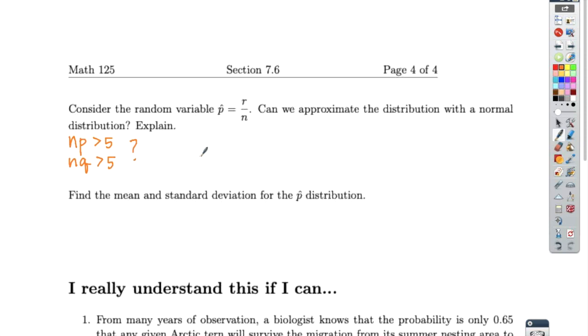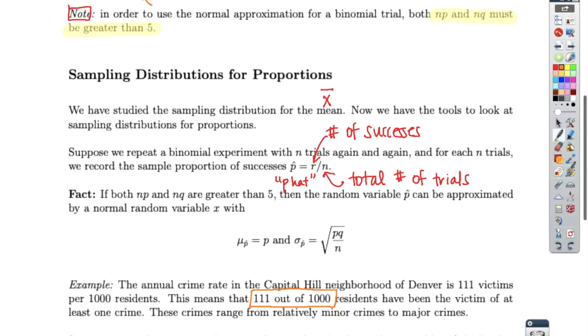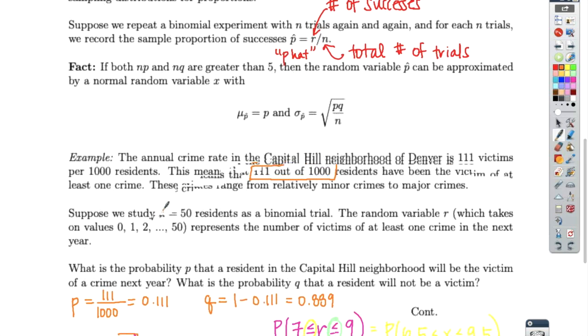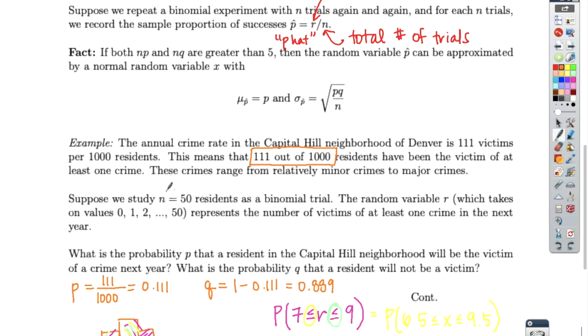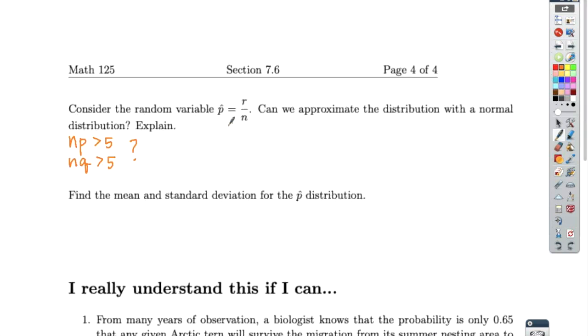So that's what we need to check. Are both np and nq greater than 5? Now in this particular problem, we are given that n equals 50. We also found p equals 0.111 and q equals 0.889. So we've got n, p, and q, and we'll use that here just to check.